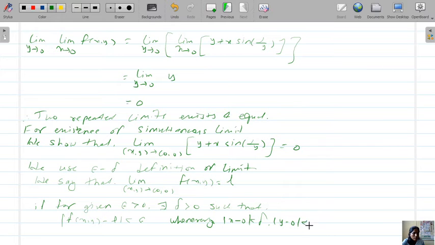So a and b are here 0. So mod x is less than delta, mod y is less than delta. This is the definition of limit, and we are going to apply it to show that limit xy tends to 0 0 of f of xy equals 0.